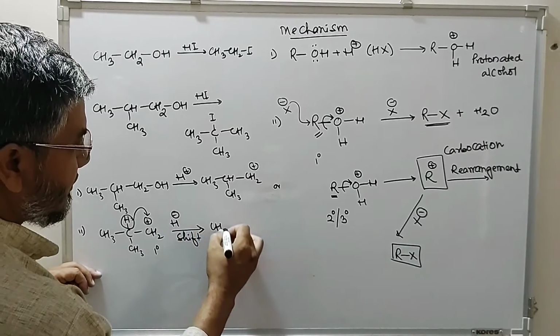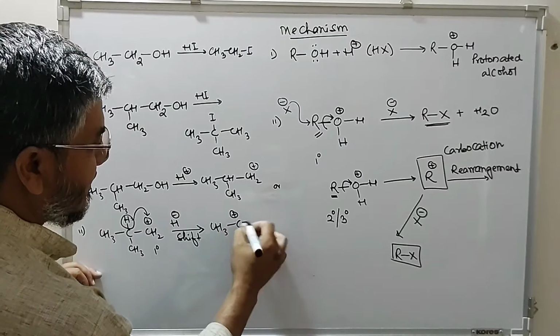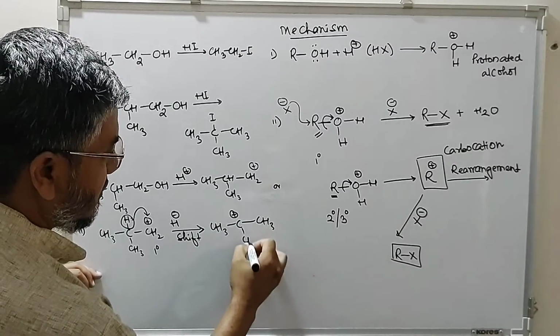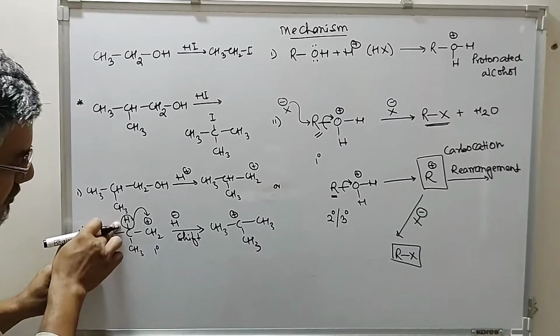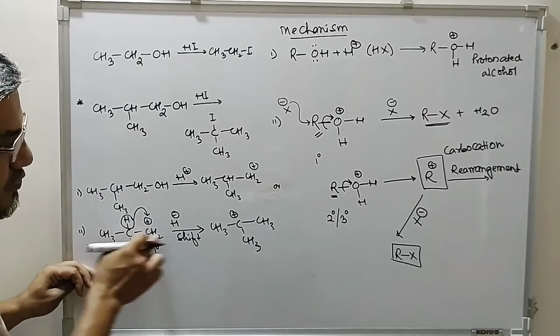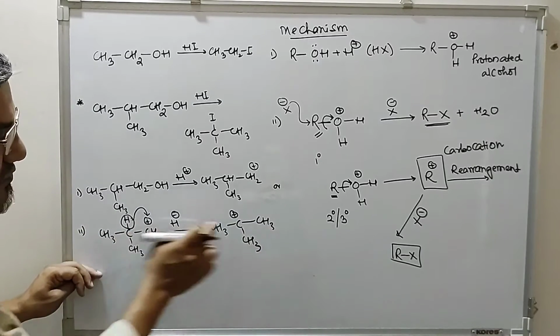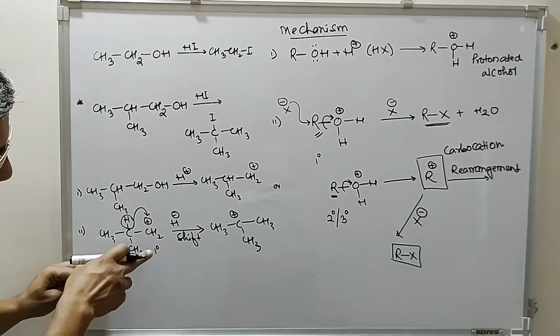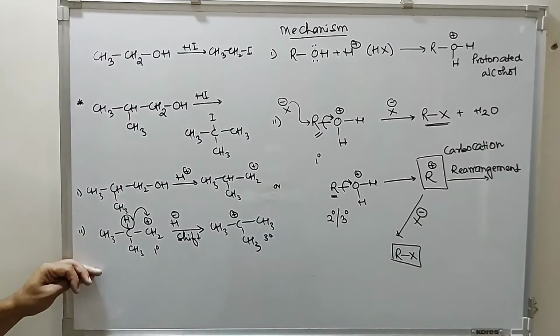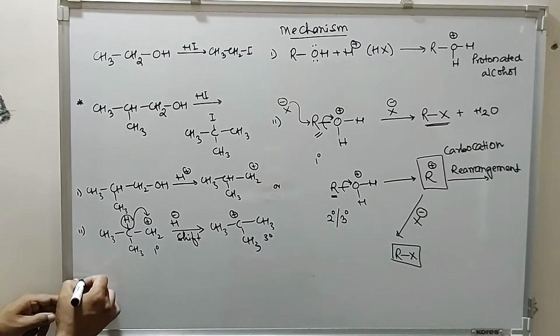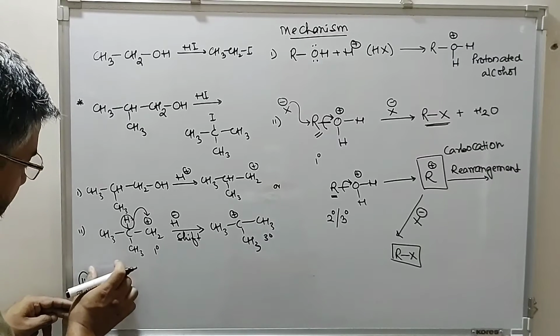By this hydride shift, we get this carbocation, because hydrogen is leaving with its electron pair and hydride is attached to this carbon, so this becomes CH3 and this carbon is devoid of electrons. So look at this, primary is converted into a very stable tertiary carbocation.